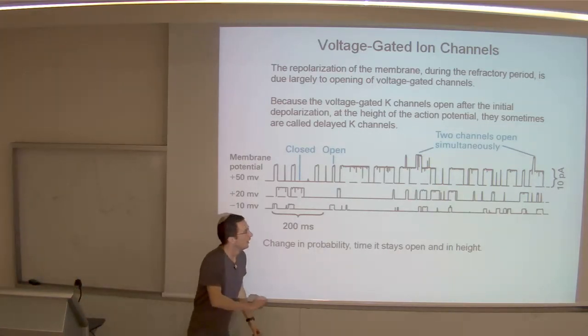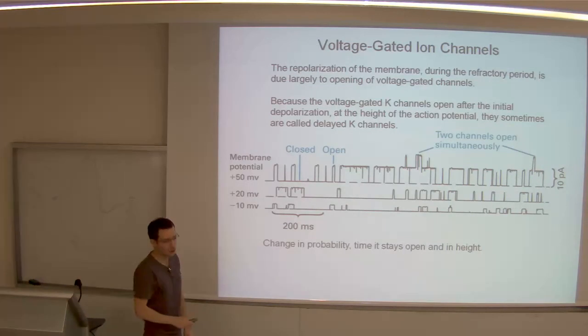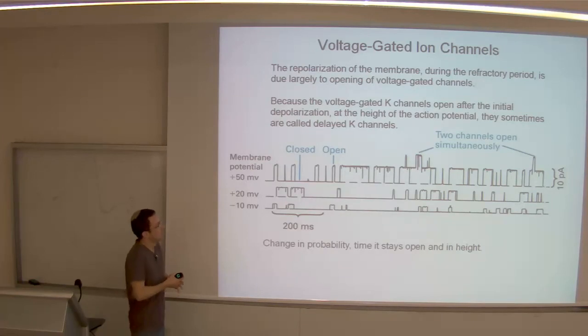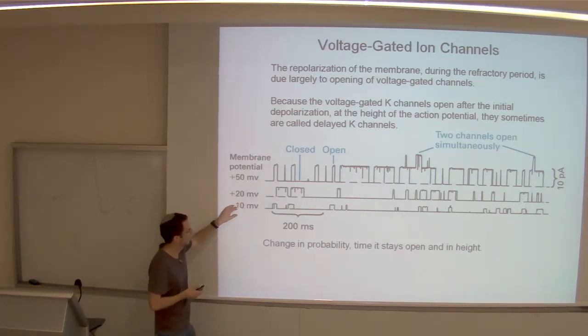Okay. And these are some examples of patch clamp traces, where you clamp a tiny fraction of the cellular membrane on the tip of an electrode, which allows you to record a single ion channel or a small number of ion channels, just several. And it's a voltage clamp. You hold the membrane at a certain voltage and record currents.